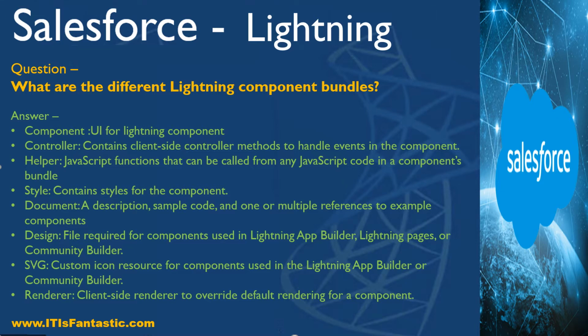Documentation, a description and sample code. Design, which is a file required for component use in Lightning App Builder. SVG, a custom icon resource for components used in the Lightning App Builder or Community Builder. Renderer, which is the client-side renderer to override default rendering for a component.